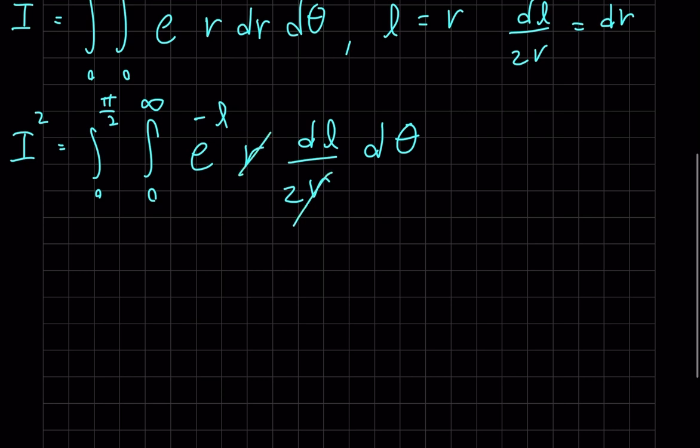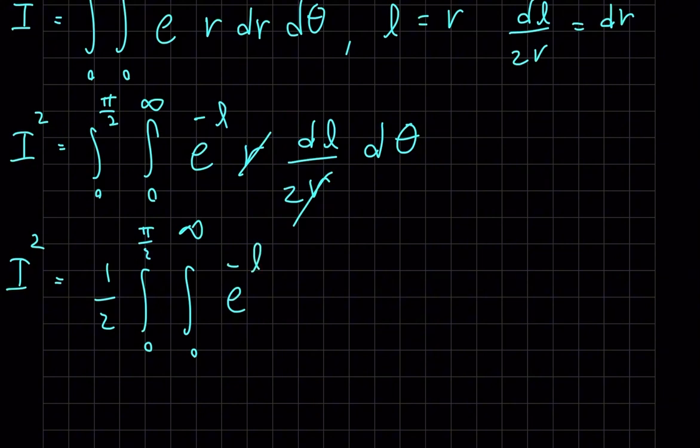The r's will cancel, and we're left with I squared equals 1/2 the integral from 0 to pi over 2 times the integral from 0 to infinity of e to the negative gamma d theta.